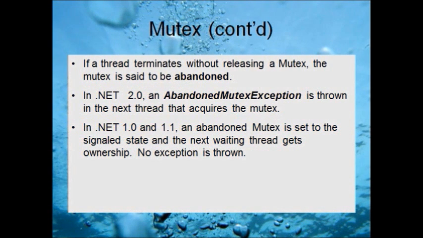If a thread terminates without releasing a mutex, the mutex is said to be abandoned. In .NET 2.0, an AbandonedMutexException is thrown in the next thread that acquires the mutex. In .NET 1.0 and 1.1, an abandoned mutex is set to the signaled state and the next waiting thread gets ownership. No exception is thrown.